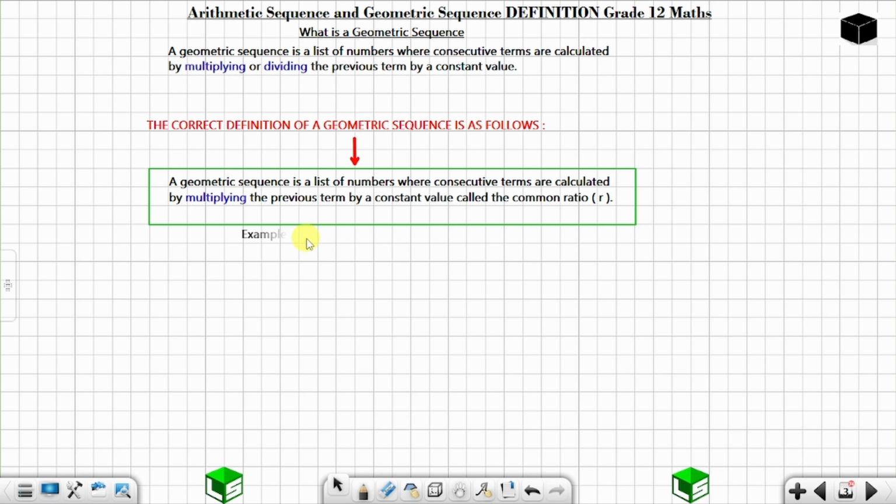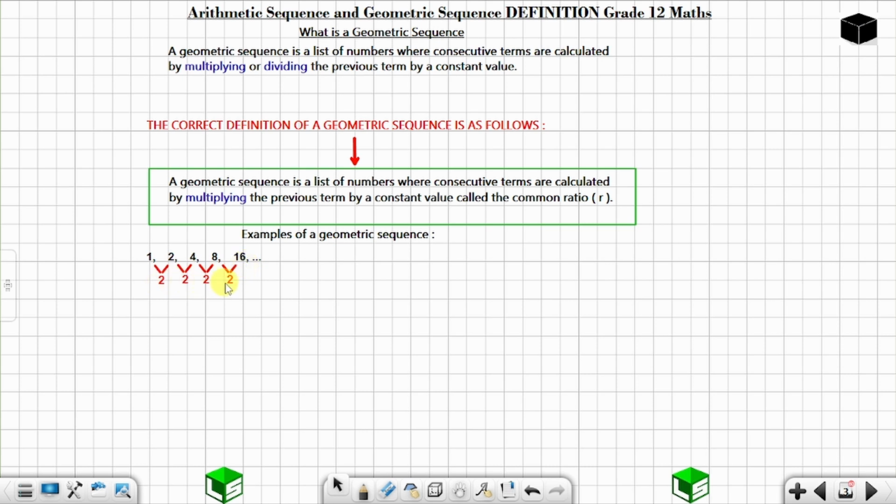Okay, so examples of a geometric sequence, you can have something like this. You can see the previous term is multiplied by 2 to get the next term. You multiply the previous term by 2 to get the next term.